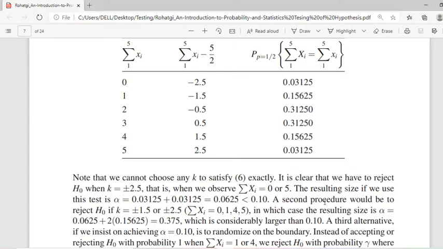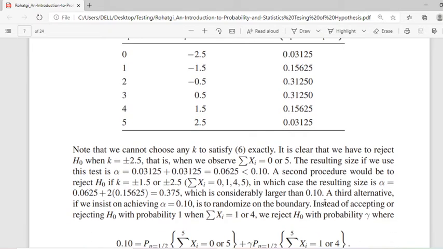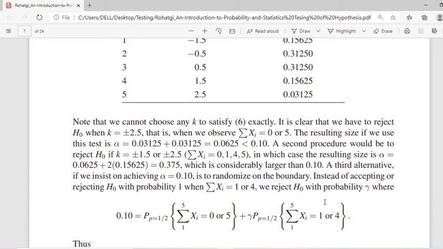Another possibility: since the sum is not exactly 0.1, we have to consider the next remaining values. What are the next remaining values? 1 and 4.